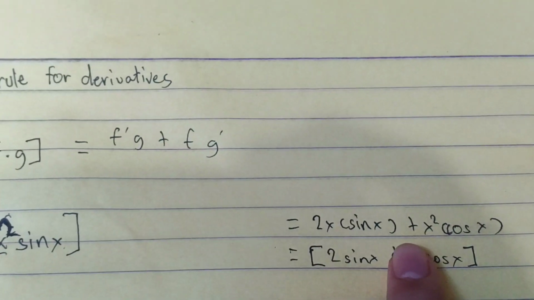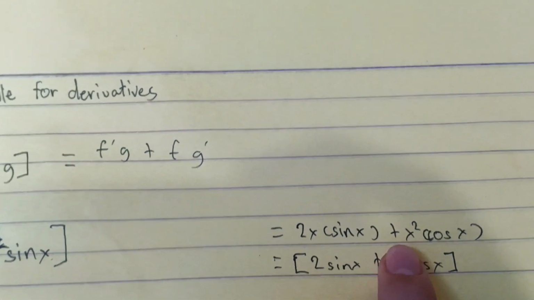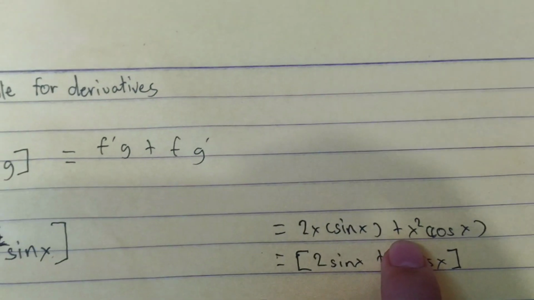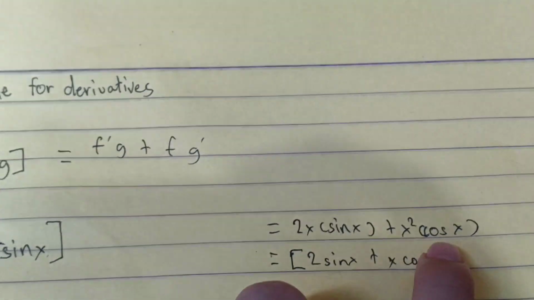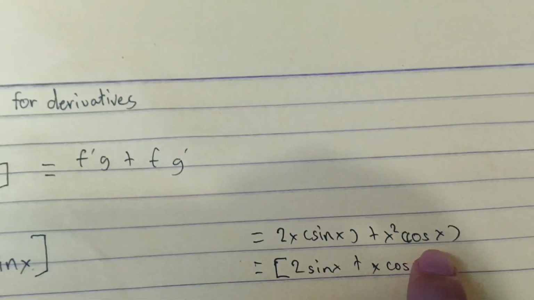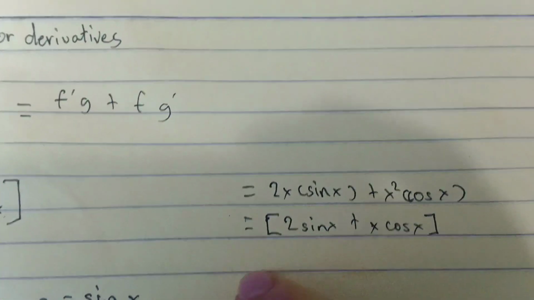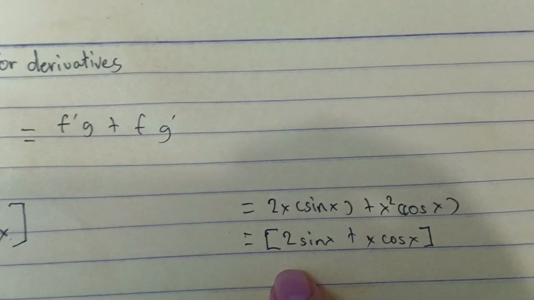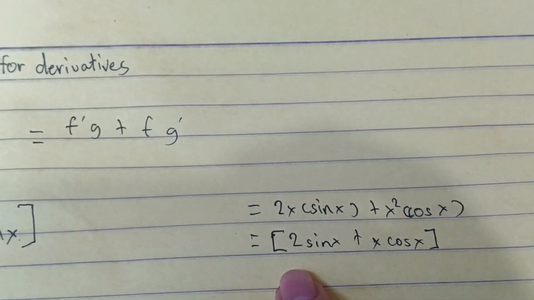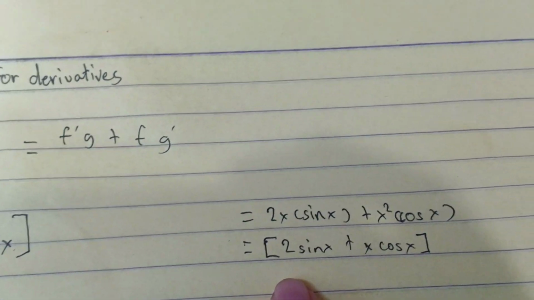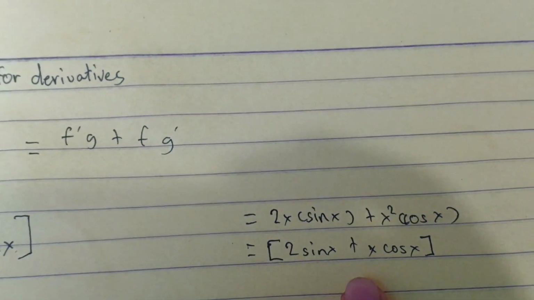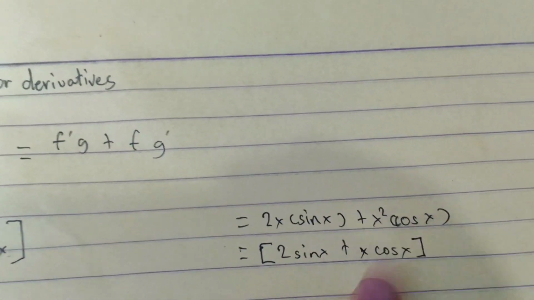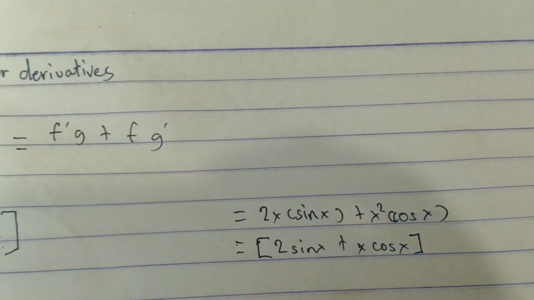Then we're gonna add x squared, which is our f, times g prime, which is cosine x. Then we can still simplify this by taking out x. So we're gonna be left with x times 2 sine x plus x cosine x.